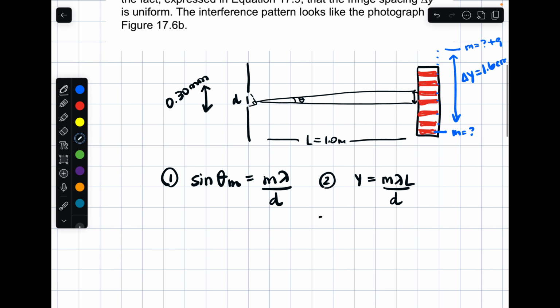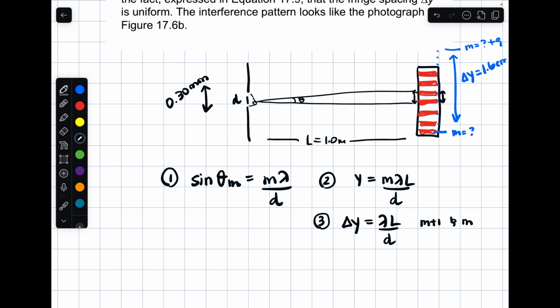And we had a third equation, which was the spacing between adjacent fringes, which is simply lambda L over d. That's a delta y between two adjacent fringes, between m plus 1 and m.